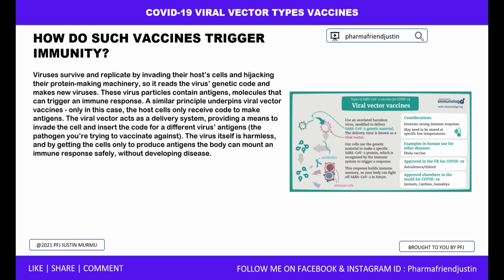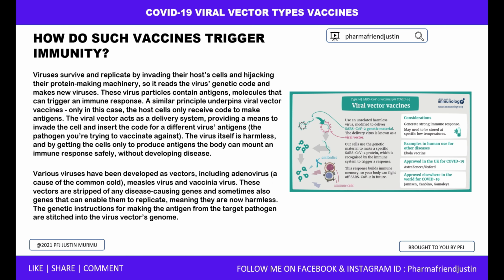The viral vector acts as a delivery system, providing a means to invade the cells and insert the code for a different virus antigen, the pathogen you are trying to vaccinate against. The virus itself is harmless, and by getting the cells to only produce antigen, the body can mount an immune response safely without developing disease.